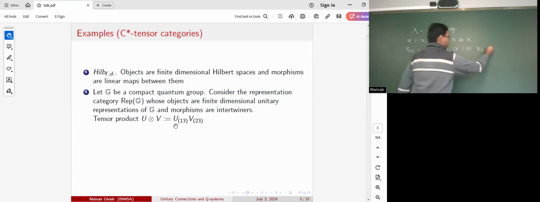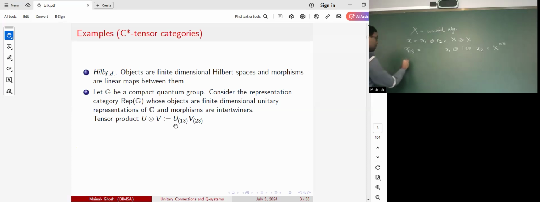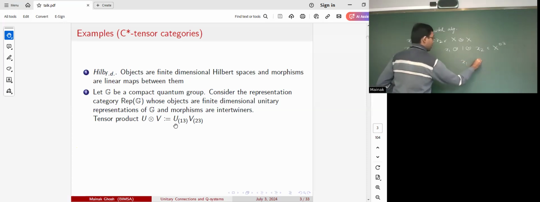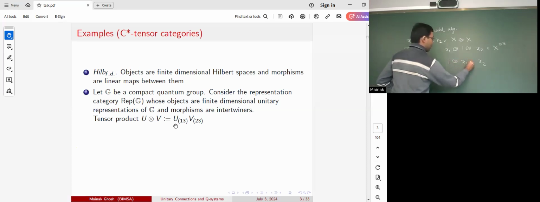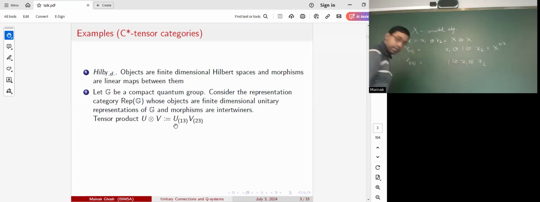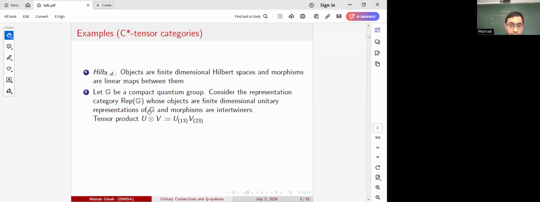This is an element of x inside three times. So similarly, the element x2 is defined as x1 x. So this is roughly the Sweedler notation, and that is how the tensor structure is defined for this representation category.